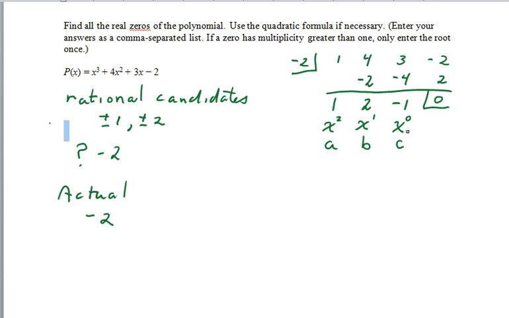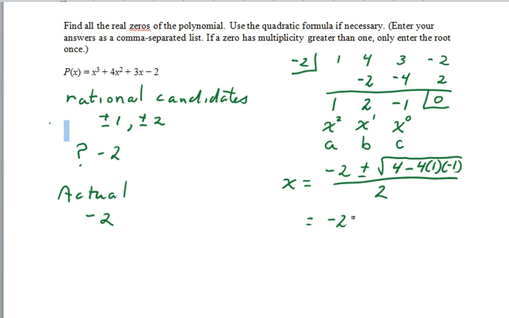If we use the quadratic formula on the polynomial x squared plus 2x minus 1. So the zeros here would be the opposite of b, which is -2, plus or minus the square root of -2 squared minus 4ac, all over 2a.